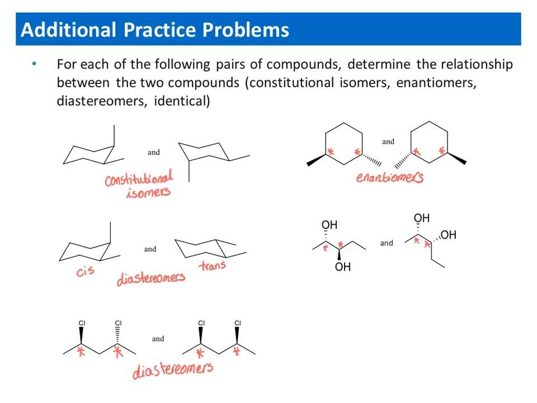Now, something you need to consider: if you make a model of this molecule, it is rotated in space around this bond and converted to this molecule. So basically both of them are the same. This is just rotated around the carbon-carbon single bond. Therefore, they are identical. They are superimposable to one another. You can put them on top of each other. Therefore, they are identical.